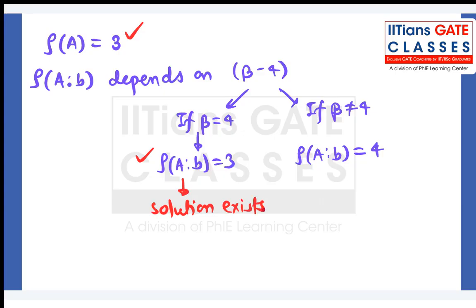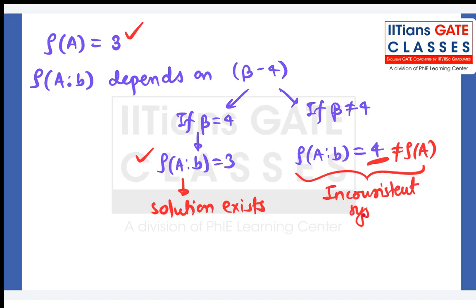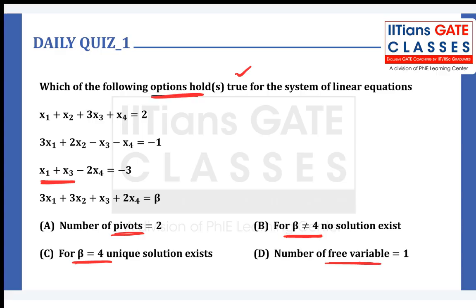Here, since this is not equal to the rank of your coefficient matrix, this is called an inconsistent system, and there will be no solution. Okay. So now you have to go back to your options and check. What they are saying, if beta is not equal to 0, no solution exists. That is correct. So therefore option B is correct.